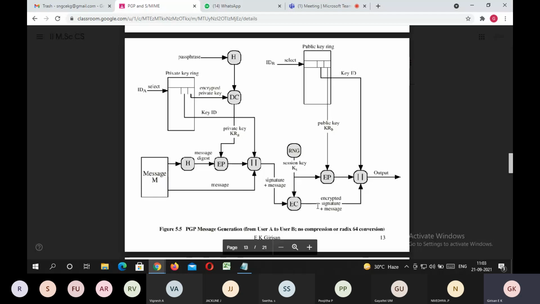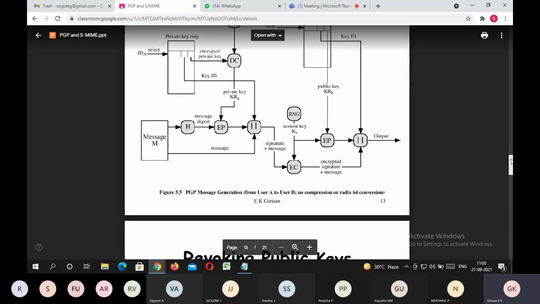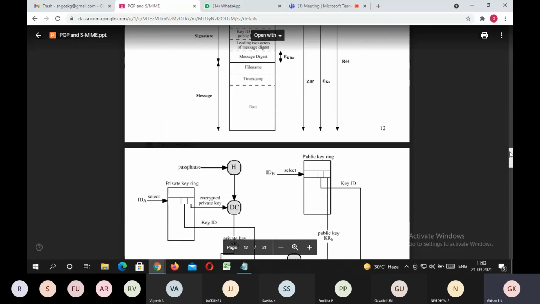That is, the encrypted signature plus the message plus this encrypted session key are combined to produce the output that leaves user A and goes to user B for doing the reverse work. So it will decrypt like that.